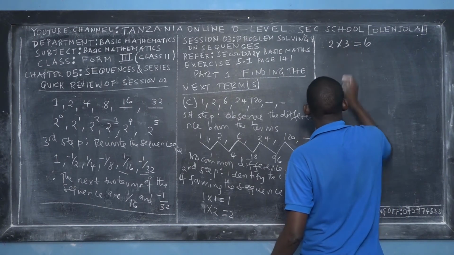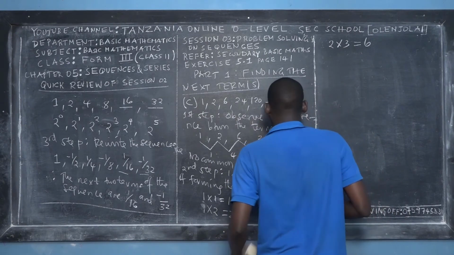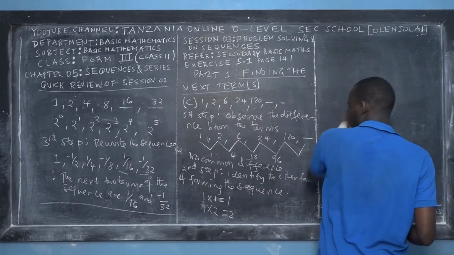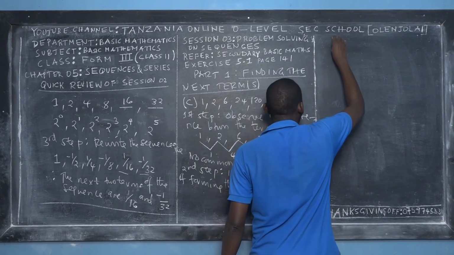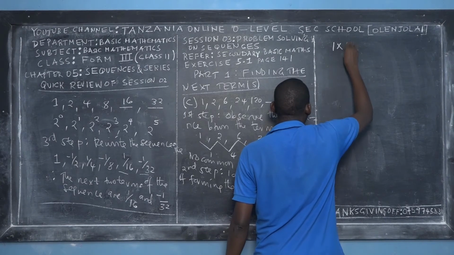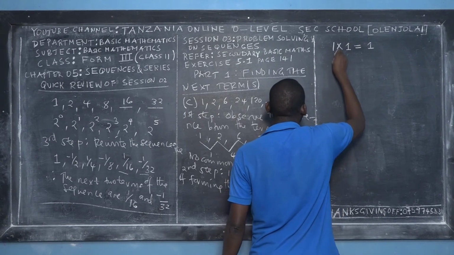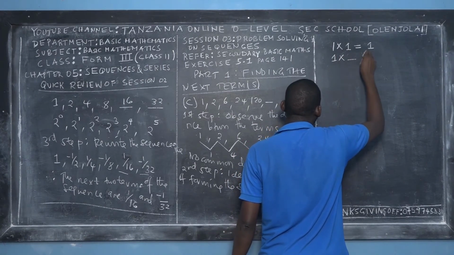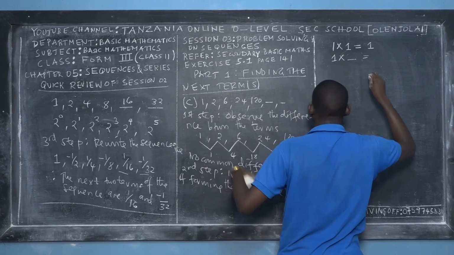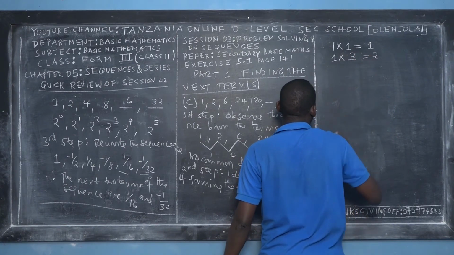The answer is 3, right? Let me rewrite the whole sequence here so you can see the increase. We take 1, multiply by 1 to get the first term, which is 1. Then we take the first term, 1, and think, what should we multiply with in order to get the second term, which is 2? So 1 times 2 gives 2.